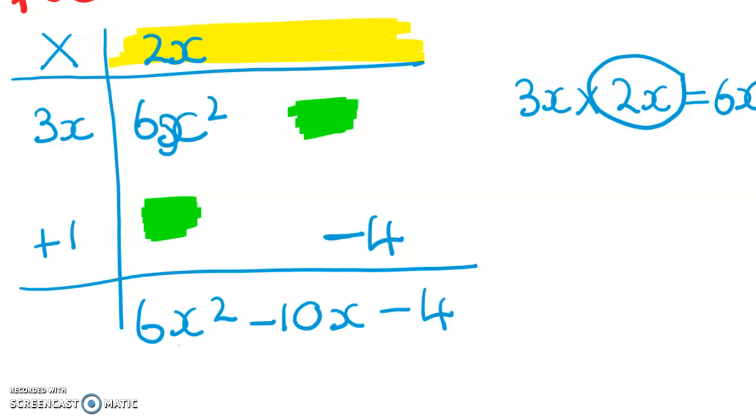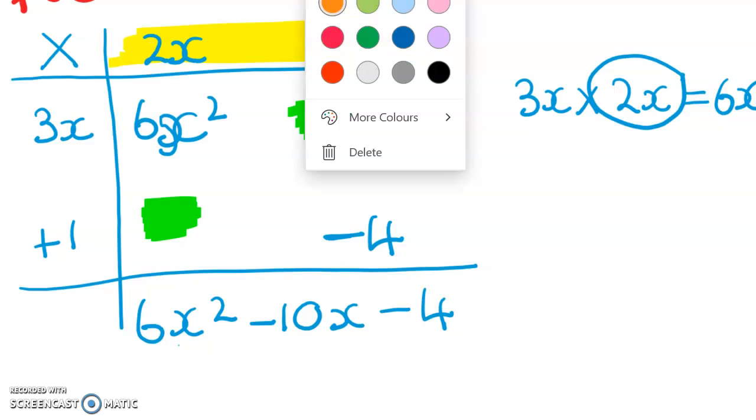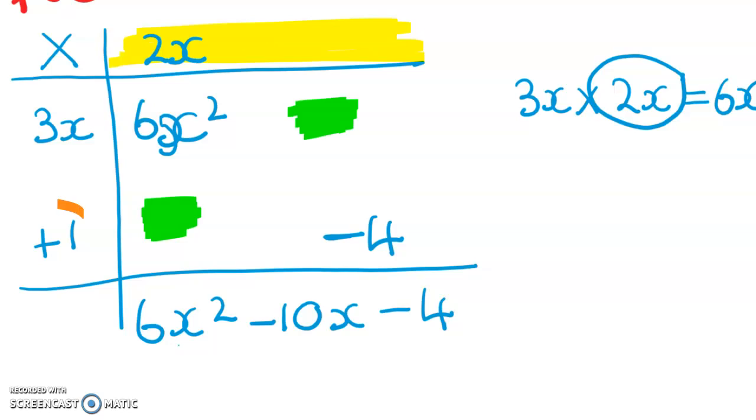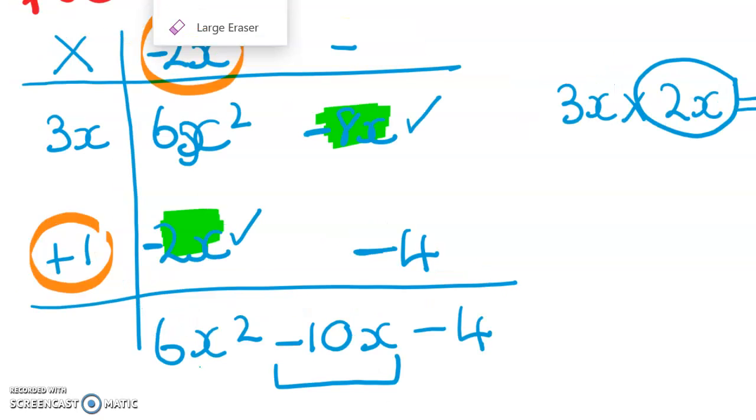And now we need to go down here. The next thing I can fill in, lads, is 2x multiplied by 1. So the 1 down here, look. 2x multiplied by 1 is going to give me 2x.